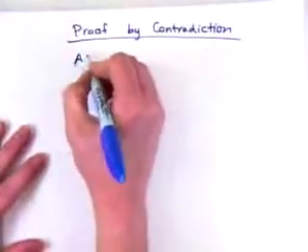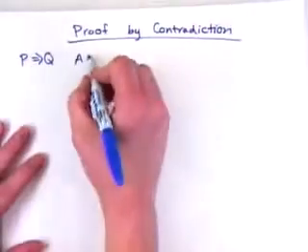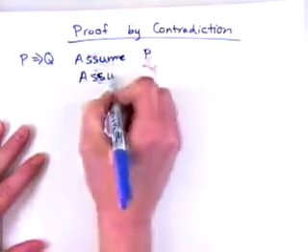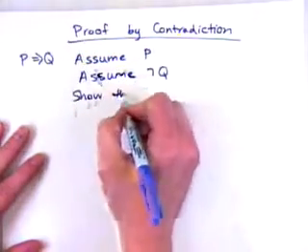So in proof by contradiction, assume we're proving P logically implies Q. We assume P and we assume not Q and show that this is impossible.